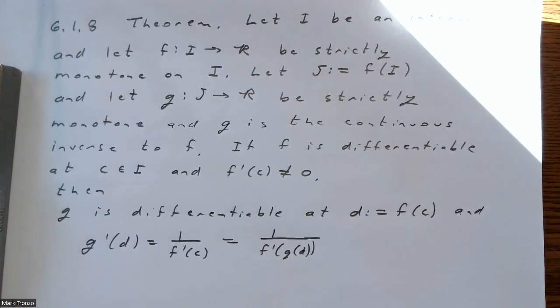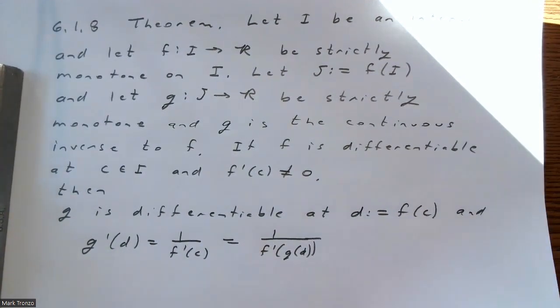Any questions on any of this? Yes, sir. What's differentiable mean? That you can take the derivative at a point. Yeah, that's a good question. So let's write that down.